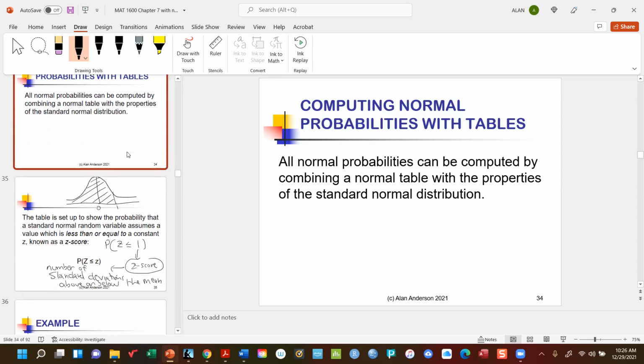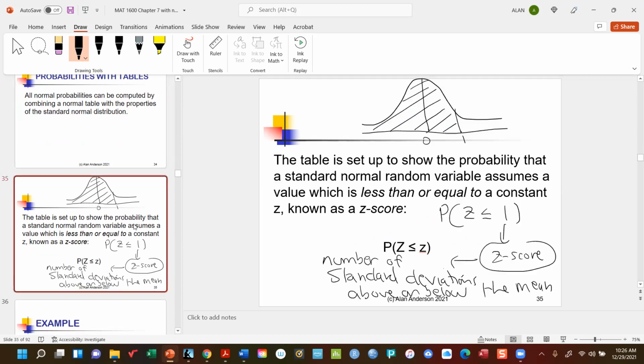So first things first, all the probabilities in that table are what we call cumulative probabilities, which is just another way of saying less than or equal to probabilities.